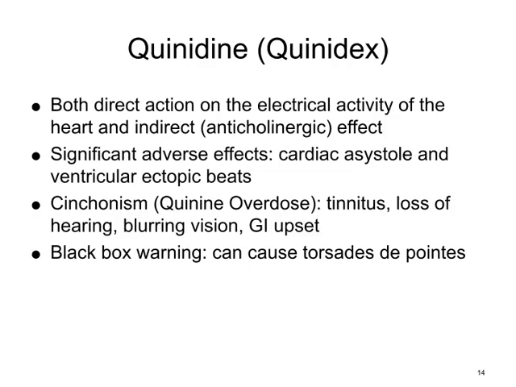So quinine's source is from cinchona bark, and that's where we get the medication quinidine from. And if a person were to have overdose of this medication, they would present with tinnitus, potentially, loss of hearing, blurred vision, GI upset. And a warning on this one, just like the other medication we just talked about, can also cause torsades.